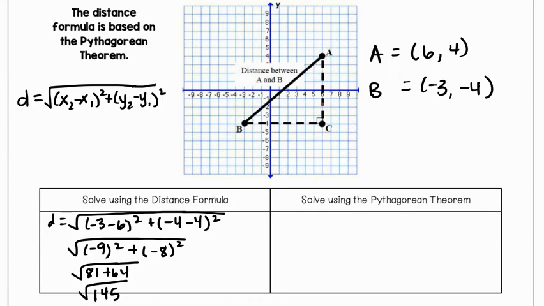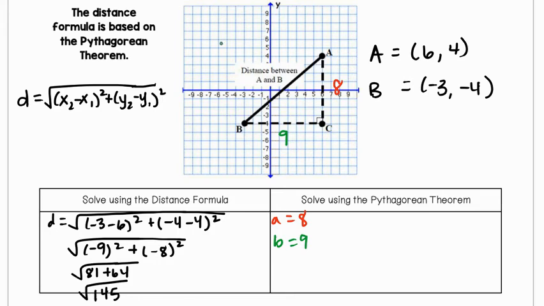So between A and C, I just have to count the length of this side. And if I count all the boxes, there are 8 there. So I'm going to say that my A value is 8. I can then count the distance between B and C, and that is 9 boxes. So B is going to be 9.